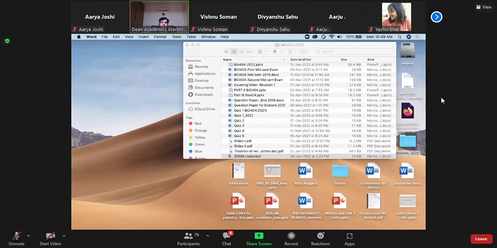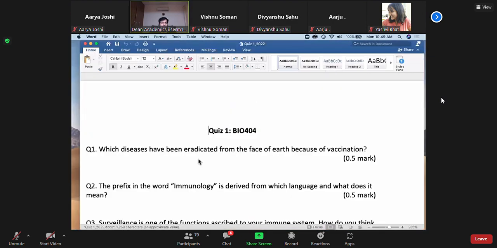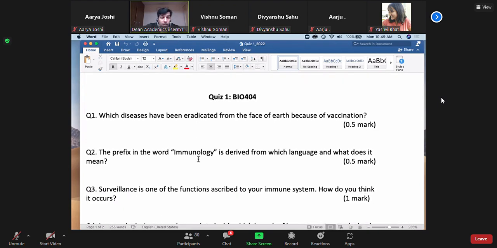The answer for the first question was two diseases, rinderpest and smallpox. Immunology, from the Latin immunus, exempt.